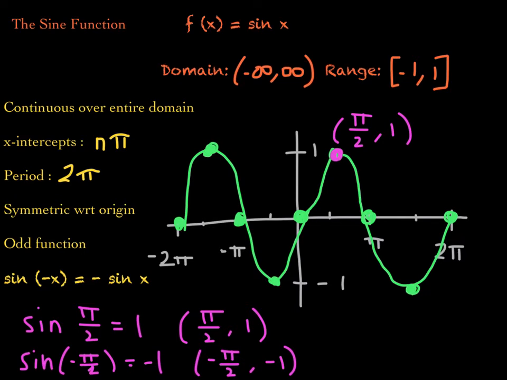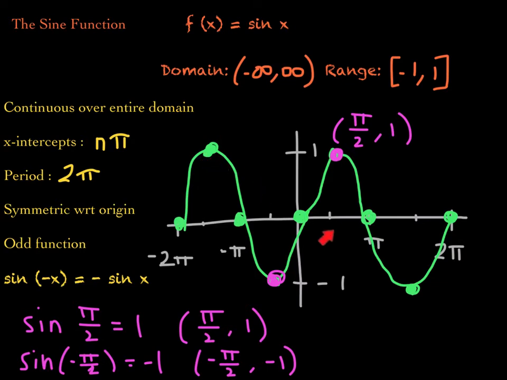And it is. This is negative pi over 2, and negative 1 is on the graph, so it is right here. So this point is on the graph. That means this point has to be on the graph as well.